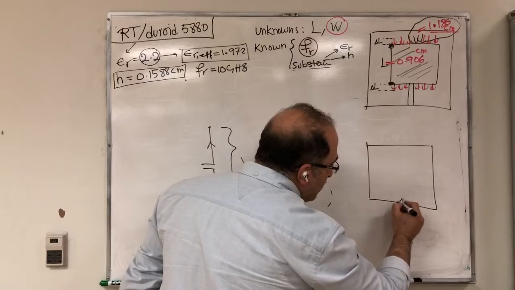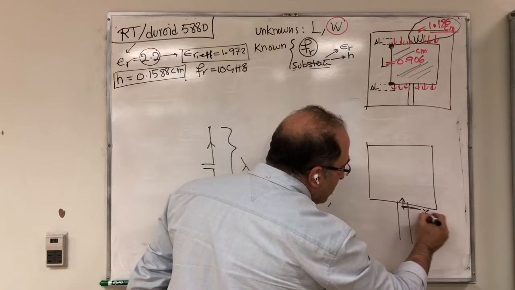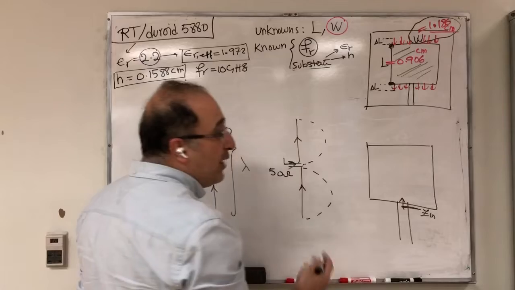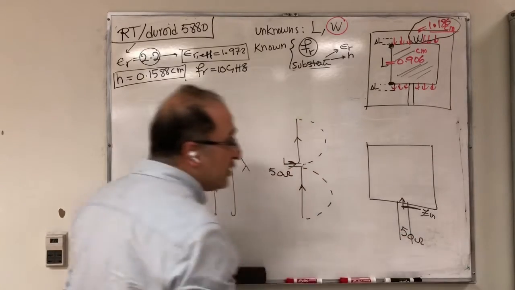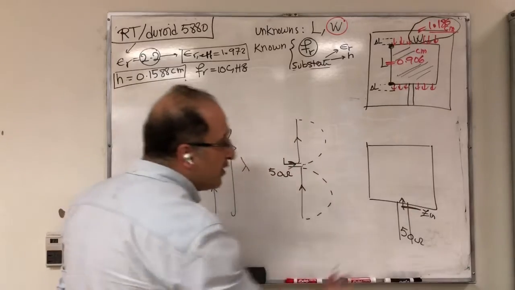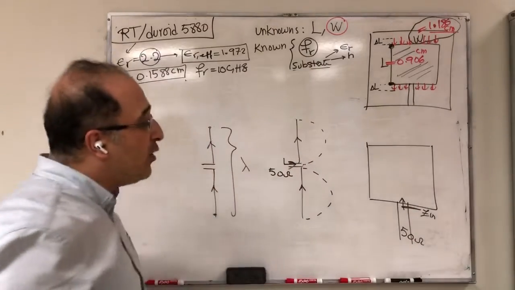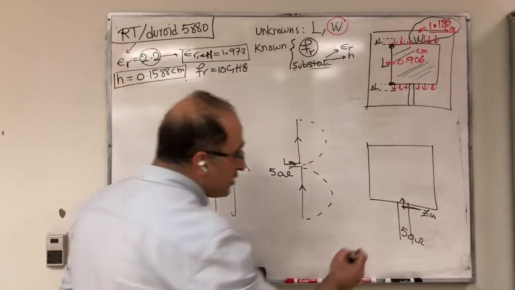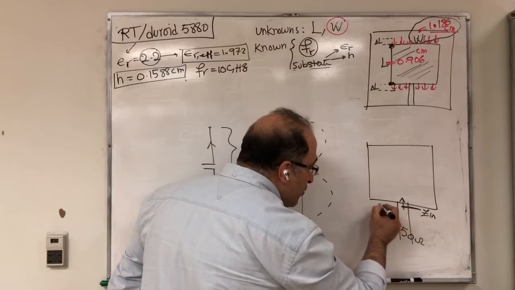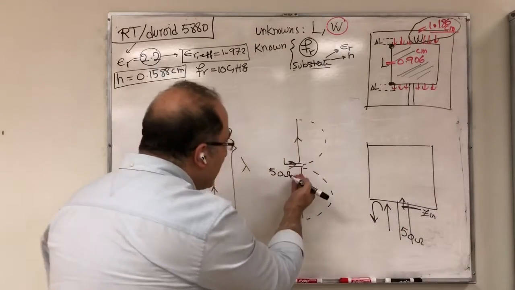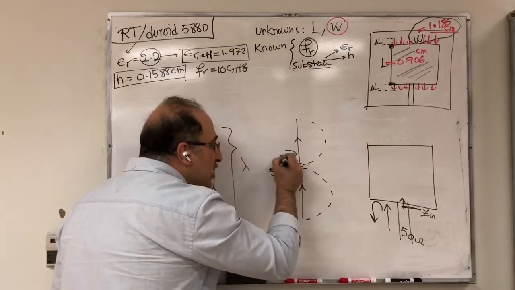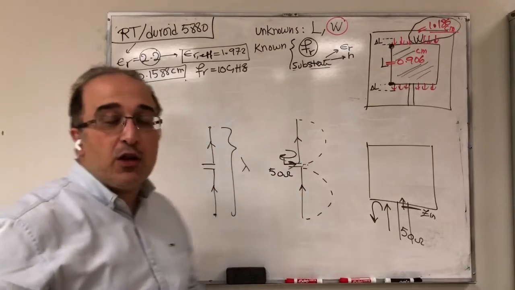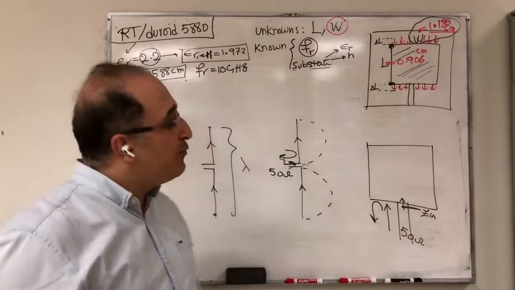The input impedance, if I look from here, is going to be very large, and this is my 50 ohm line. If the input impedance becomes very large compared to 50 ohm, you get lots of reflection. You want to send the energy, but most of it reflects back, exactly like the dipole antenna. So it's not going to be a good antenna for you.